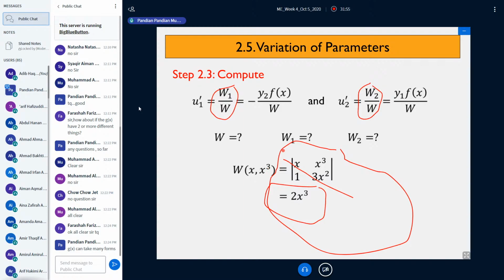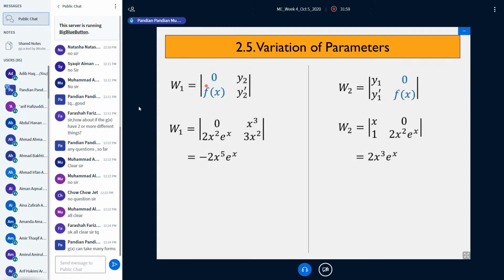Now W1, W2, you use the previous formula. For W1, first row 0, y2; second row f(x), y2 dash. So you write the first row 0, x cubed. But f(x), you know already, 2x squared e^x. y2 dash, differentiate x cubed, 3x squared. So determinant: 0 times 3x squared, 0, minus 2x to the power 5 e^x.